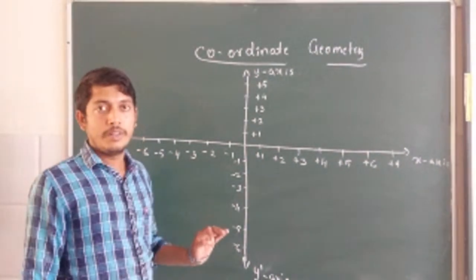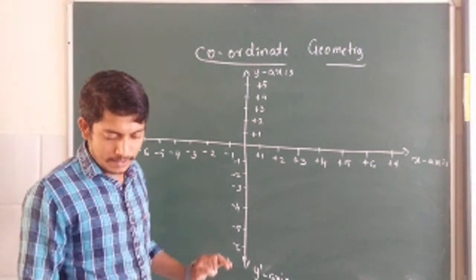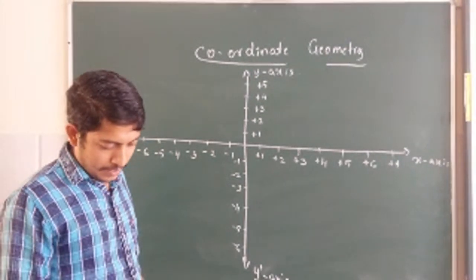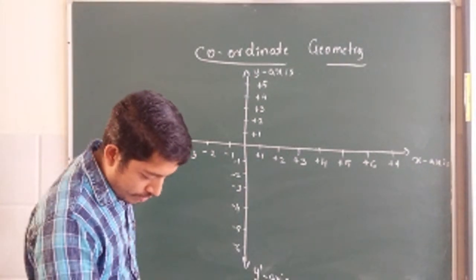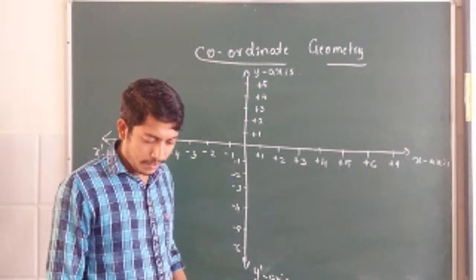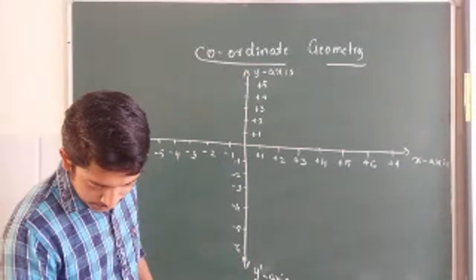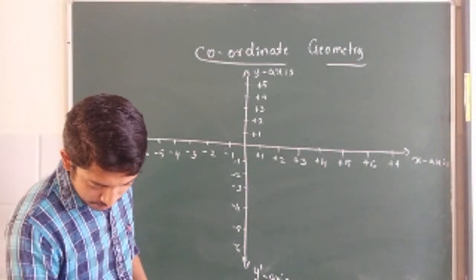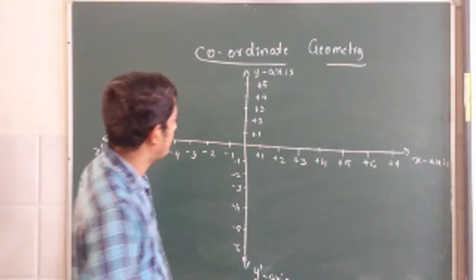Now they give particular points, and the names are given as A, B, C, D. First we will read the question: in the figure, write the following. First one, the ordinates of point B. Before that, I will mark the points. 6, 2.